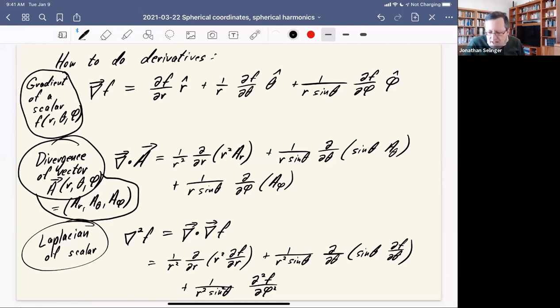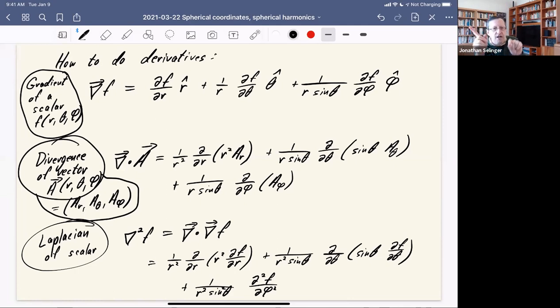And these rules are necessary for 2 reasons, right? One is because of what I told you before with integrals, that a little change in r or theta covers a different amount of territory depending on where you're located. The other reason is that the characteristic directions, r hat going out from the origin, theta hat going down from the North Pole, and phi hat going around the z-axis, those unit vectors change depending on where you're located.